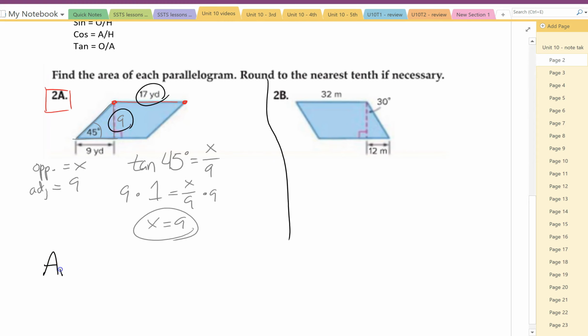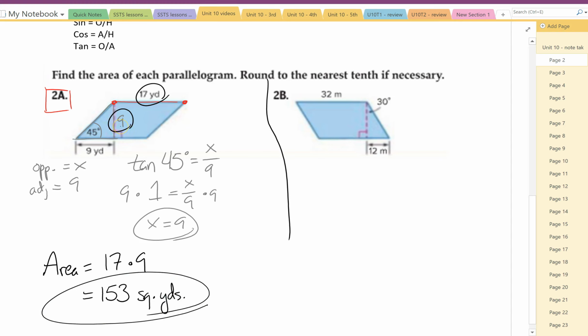So the area here is just going to be 17 times 9, which is 153. And since we're talking about yards, I would say 153 square yards. That's the area of this blue parallelogram up here. So it's just base times height, but in this case I had to solve for the height before I could do it.